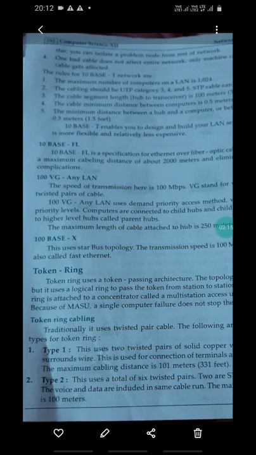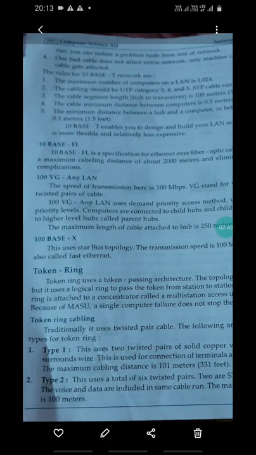It means it passes the packet from one node to another node. Each node in token ring is attached to a connector called a multistation access unit, that is MSAU or MAU. Because of the MSAU, a single computer failure does not stop the whole network.